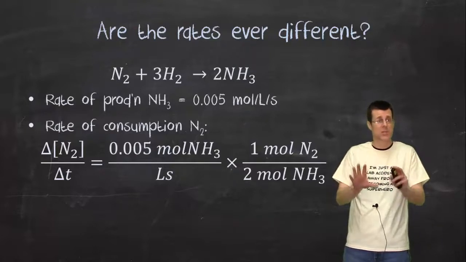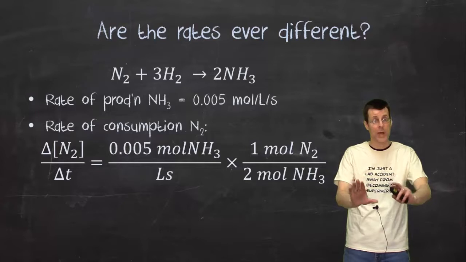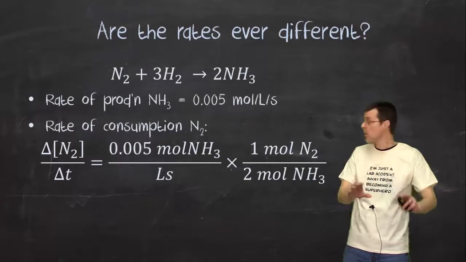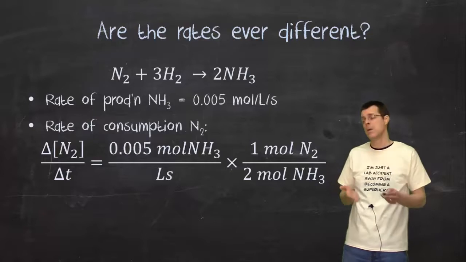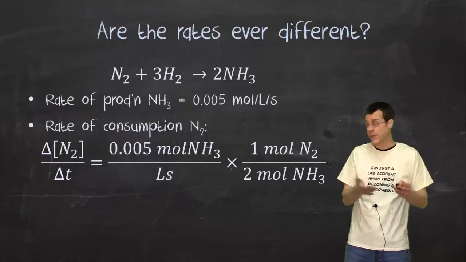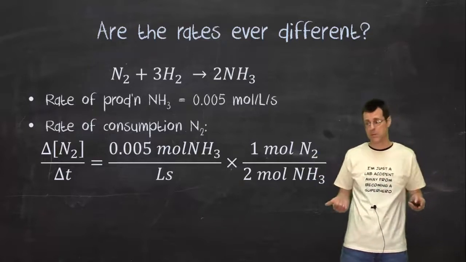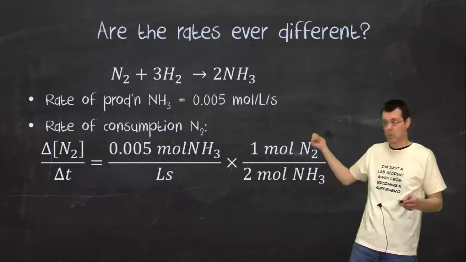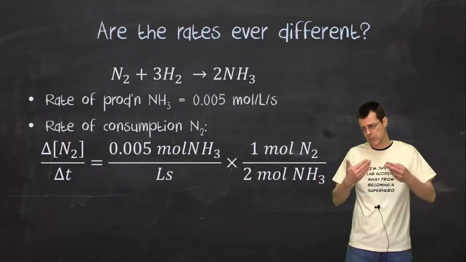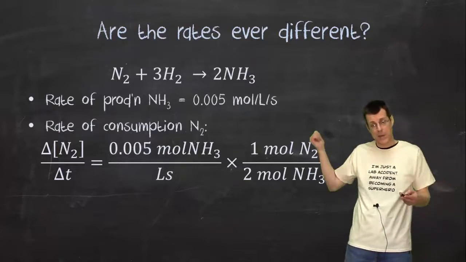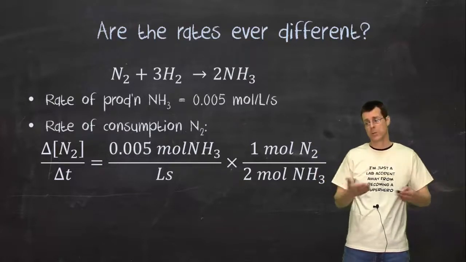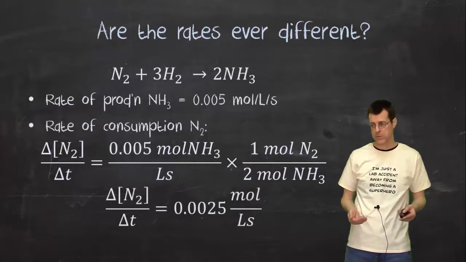And if that looks like stoichiometry, A, relax, relax. But B, yeah, because it's the same kind of idea, that those two things are related based on their balancing coefficients. So the rate of production of ammonia times 1 divided by 2 is going to be the rate of consumption of nitrogen.